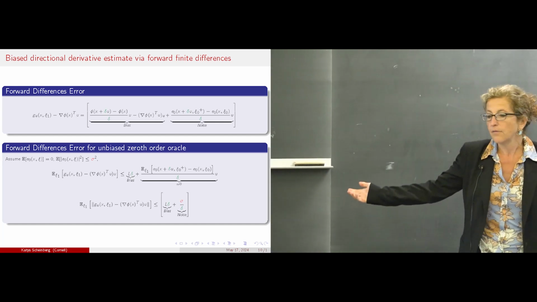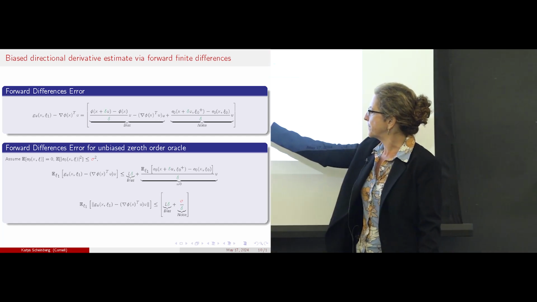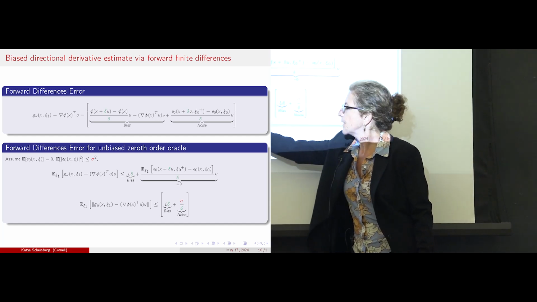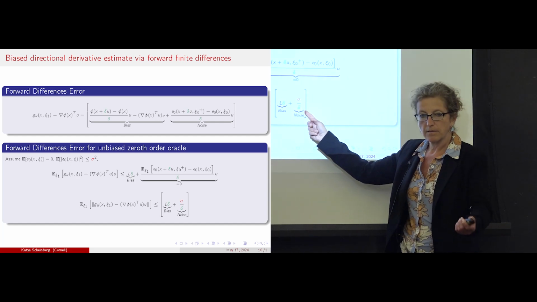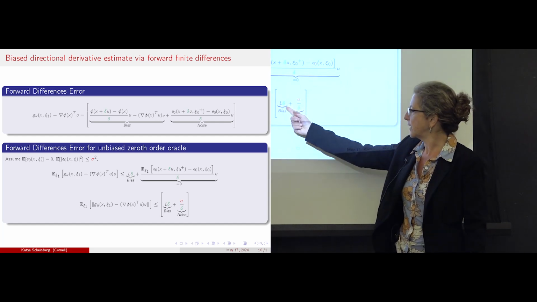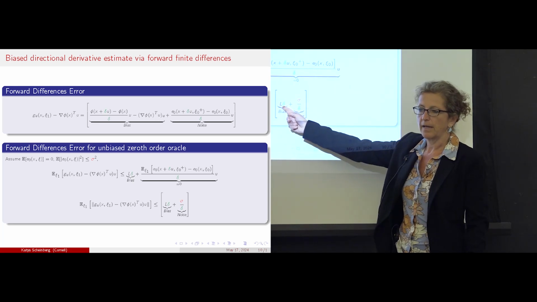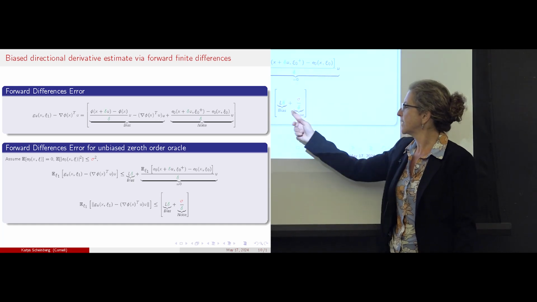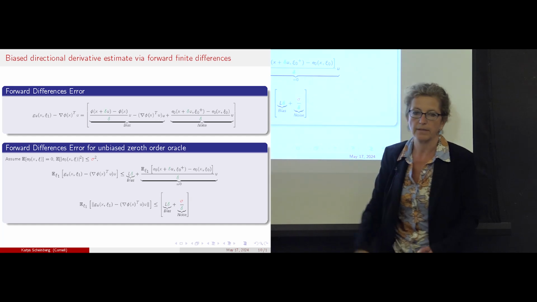So now I have the bound on essentially this error, which has a trade-off in delta. I want delta to be small, but if I make it very small, then this term will explode. So you can say that, okay, well, I know what delta I should pick. It should be the square root of sigma, right?